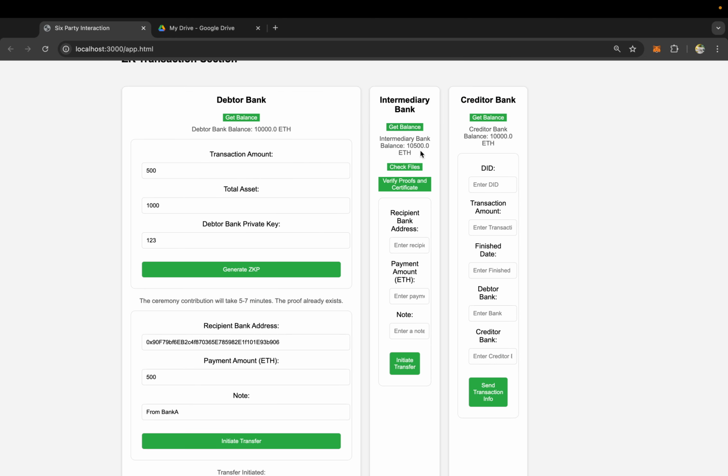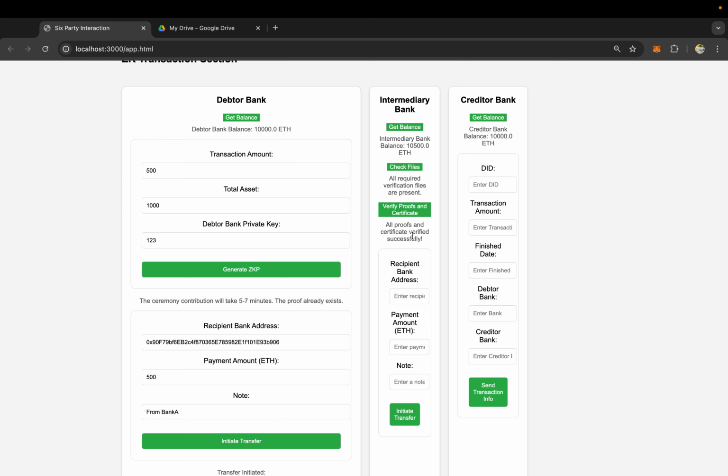The intermediary bank says that they got 500 ether, and they should check if all the verification files exist. All required verification files are present, and they should verify those proofs and the certificate.